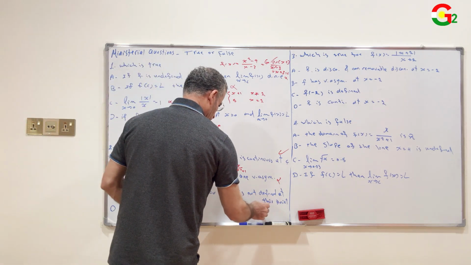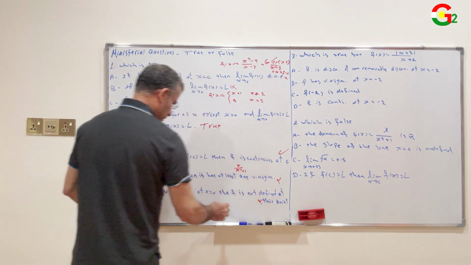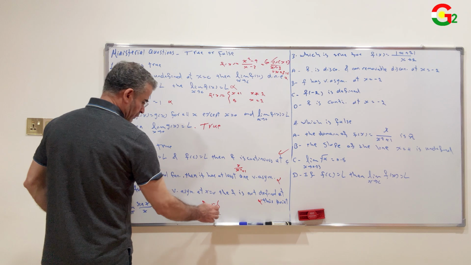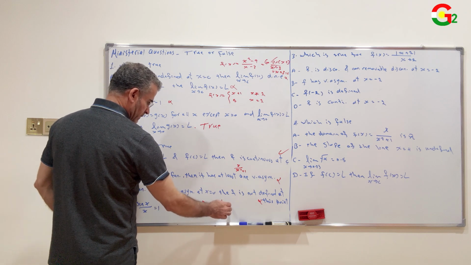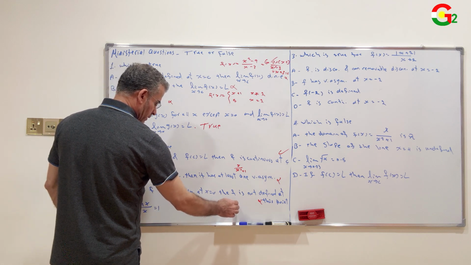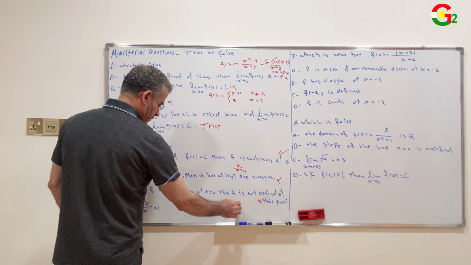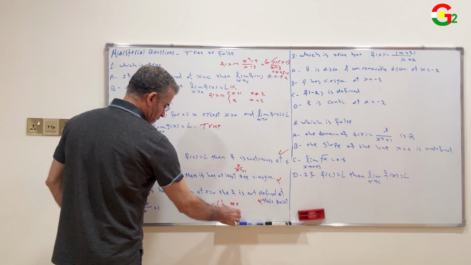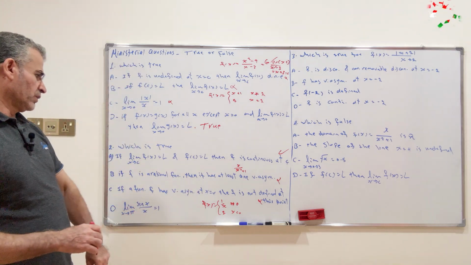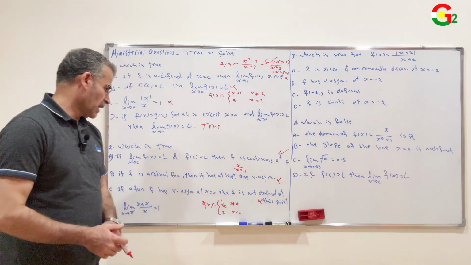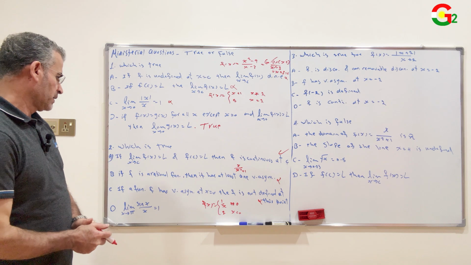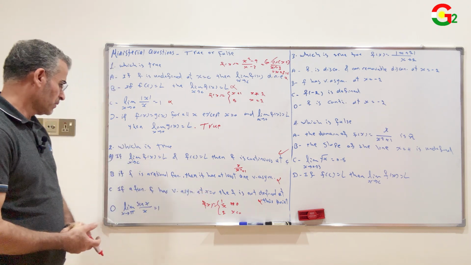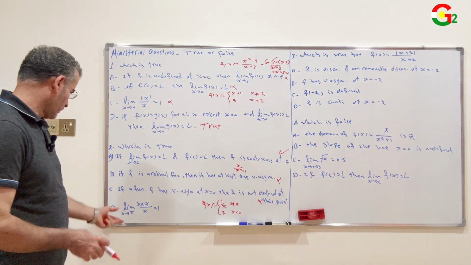Also wrong, since if we have a piecewise function 1 over x when x is not equal to 0, and 2 when x equals 0, this function has a vertical asymptote at 0 and is also defined at 0.